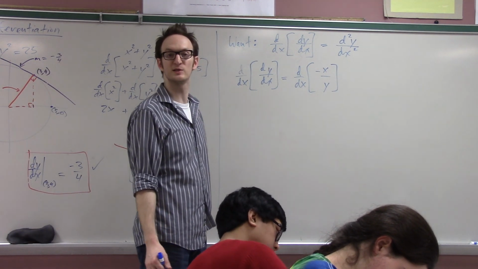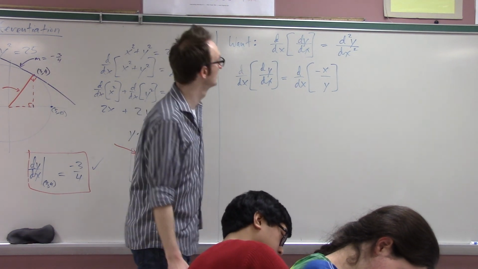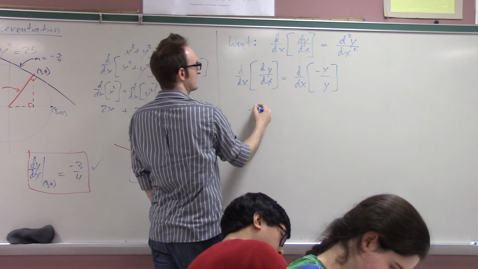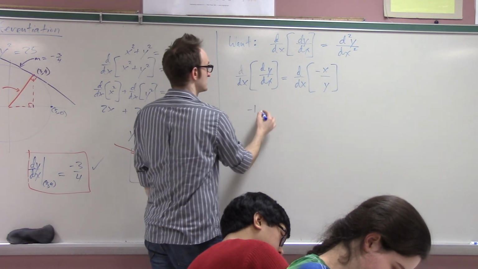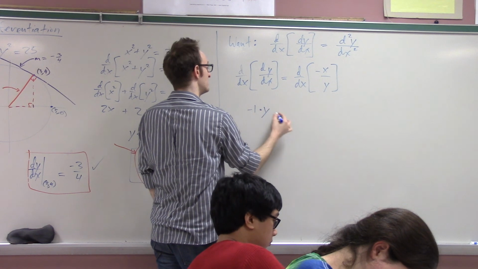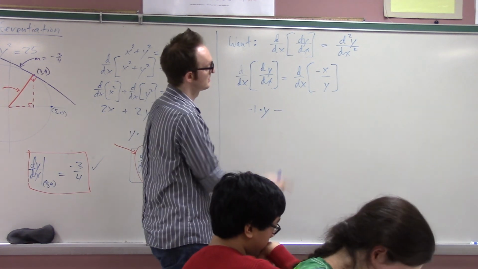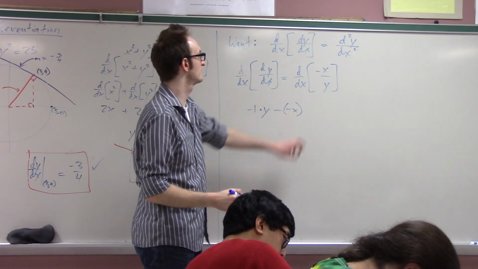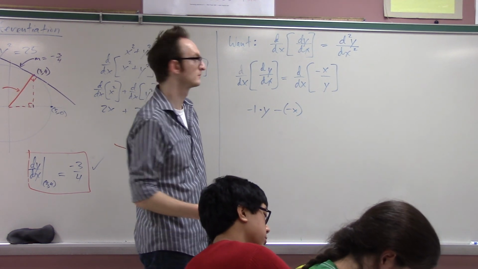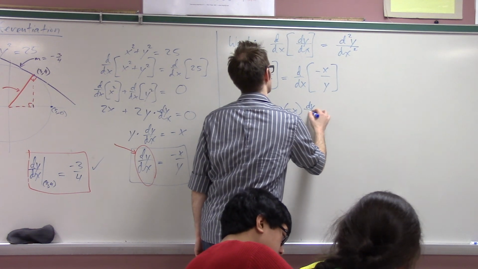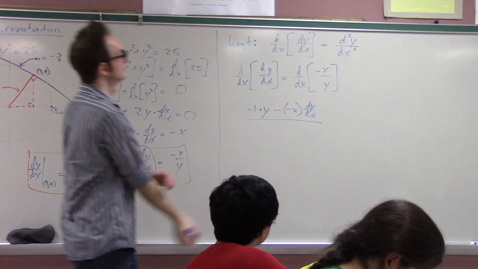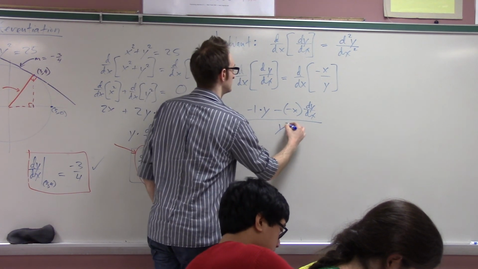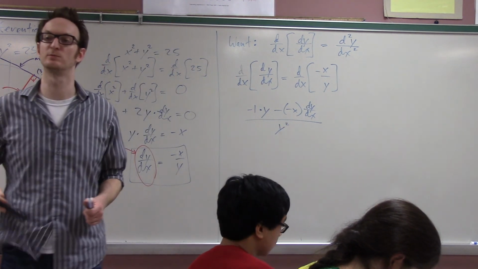The quotient rule says it's the derivative of the top, so that's -1, times the bottom, minus the top, which is -x, times the derivative of the bottom. But what is the derivative of the bottom? dy/dx. All over y squared.